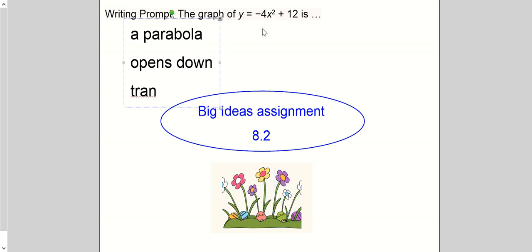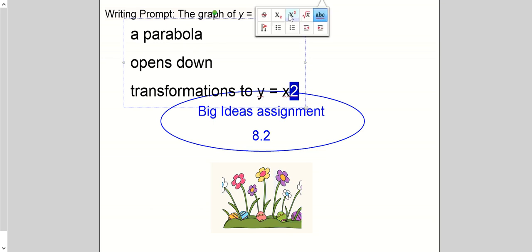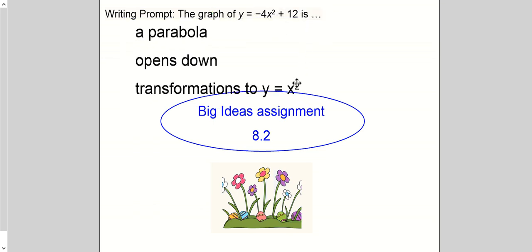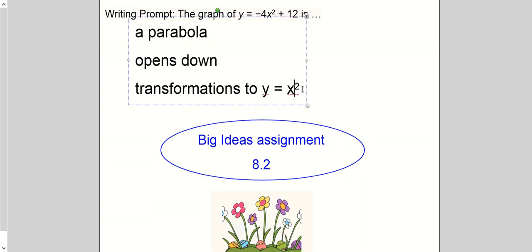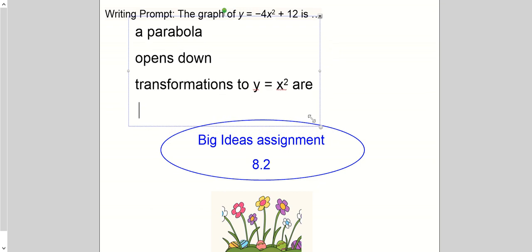And then the transformations to y equals x squared. What are those transformations? We have a negative.